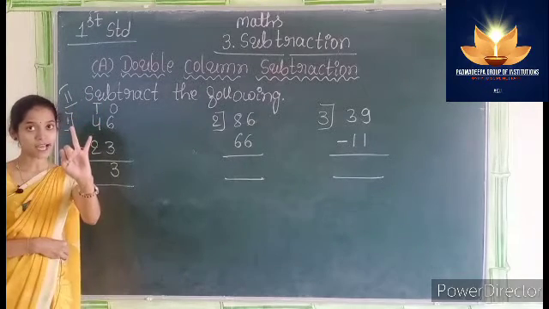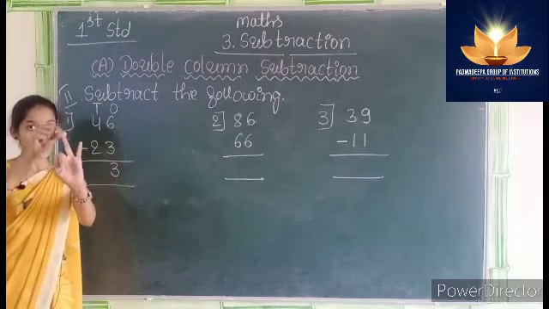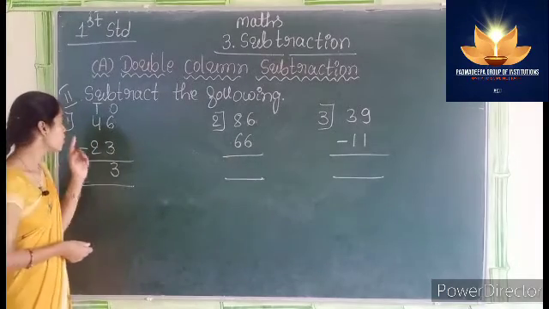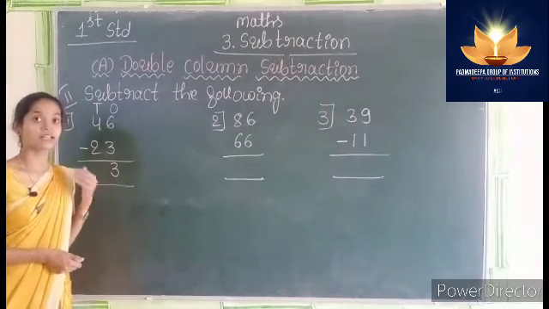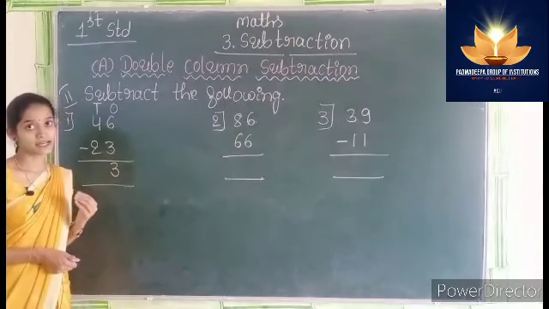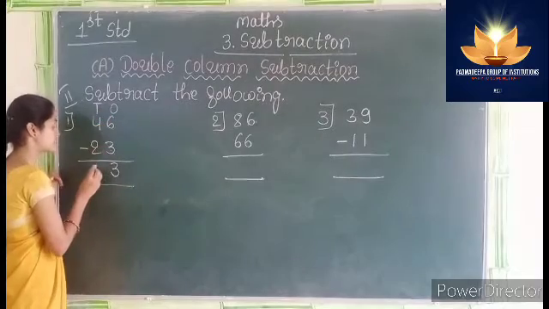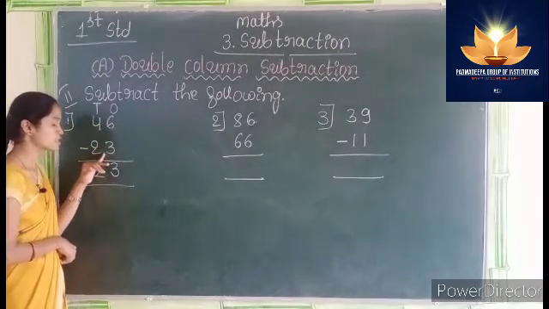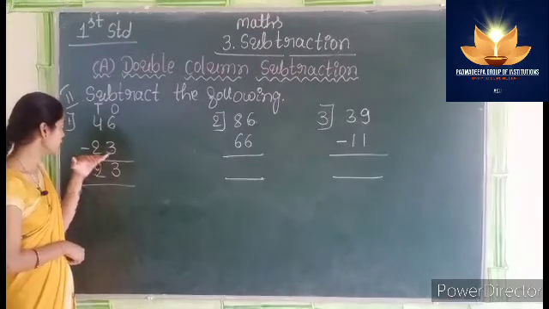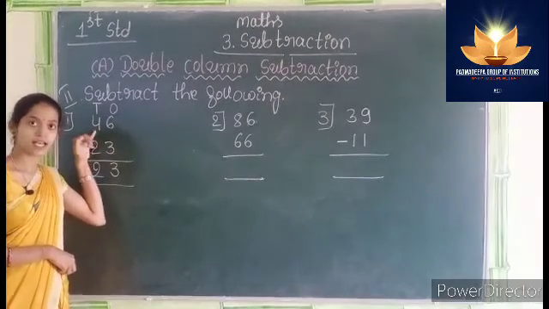How many fingers left? So 4 minus 2 is 2 and the 2 should be written under this tens place. We get 23 after subtracting 23 from this 46.